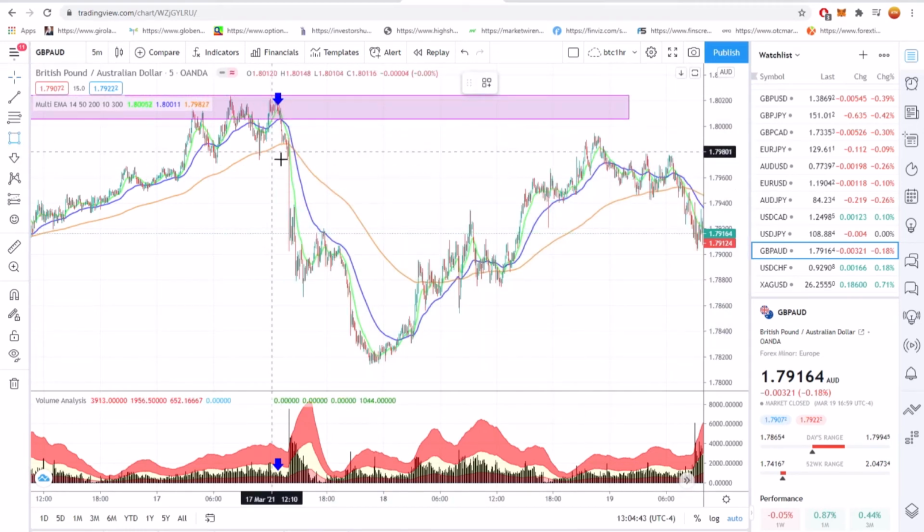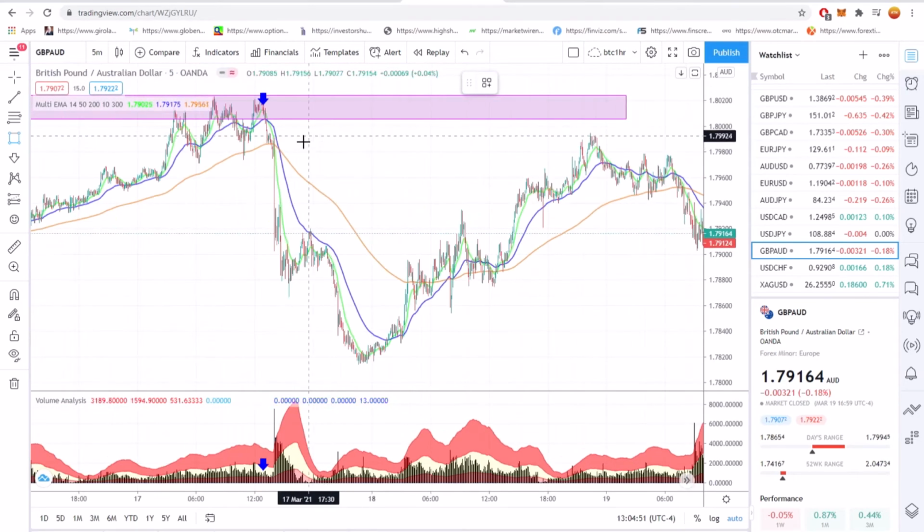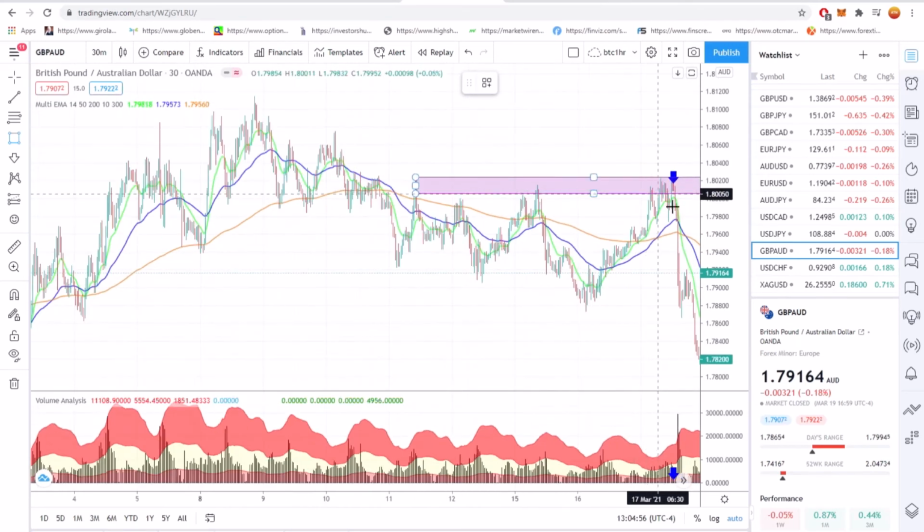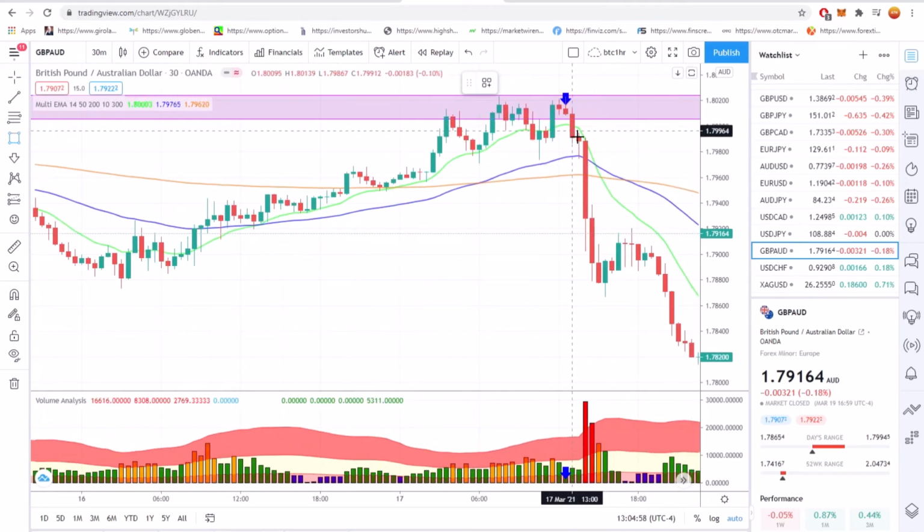And at the same time, this was our last attempt at a push up to the upside on the higher time frames. So if we were to look at this on a 30-minute, we could see this was the last attempt to push up, the bullish reaction to the upside to take out any stops, and then we came back down.